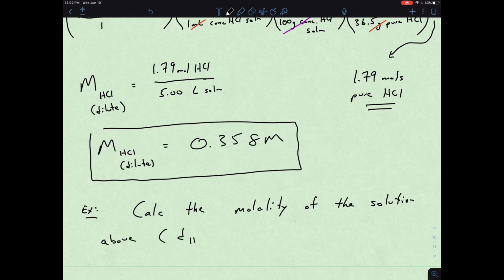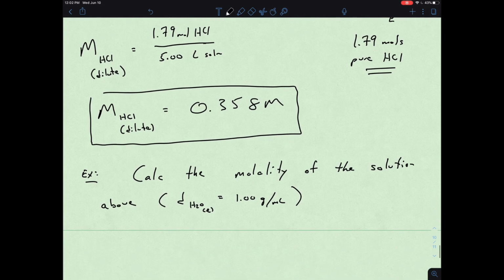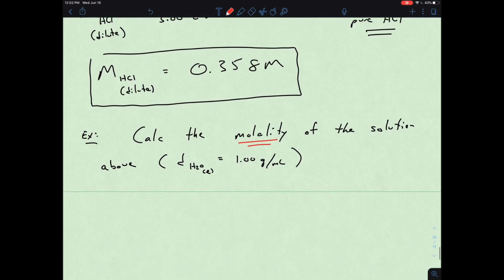The density of water is 1 gram per milliliter as a helpful hint here. So we want to calculate now the molality. We're using all the same values that we had above. So that's what we're trying to figure out.